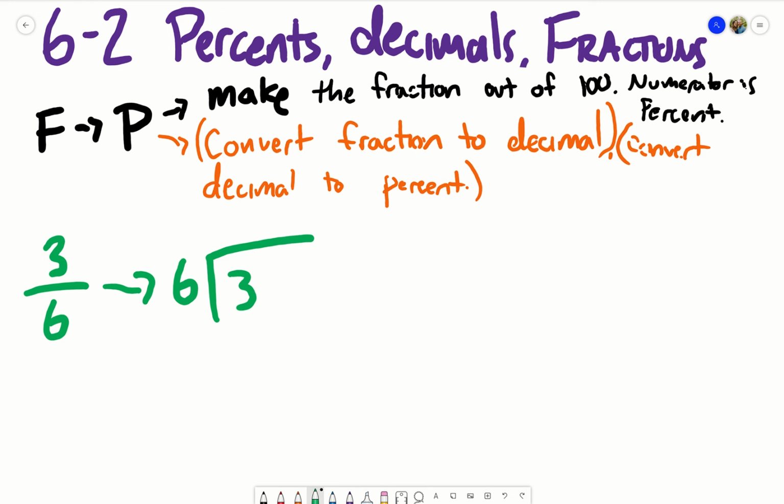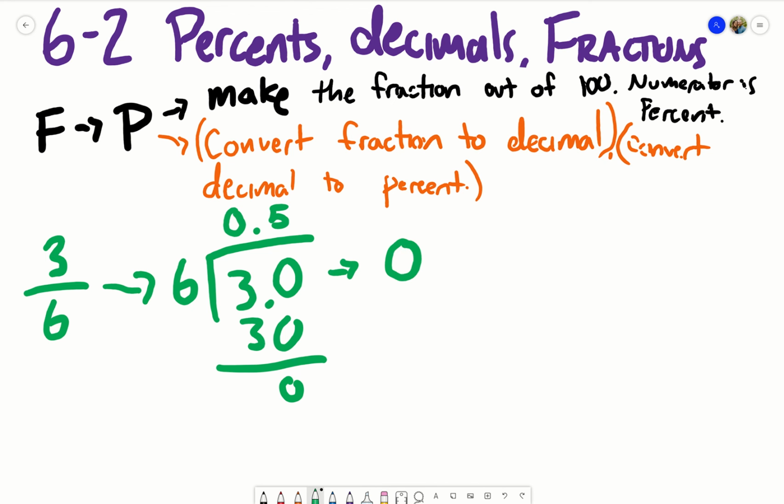And so we say 6 goes into 3, 0 times, add my decimal, add a 0, 6 goes into 30, 5 times, that's 30, and I'm done. So my decimal here is 0.5.